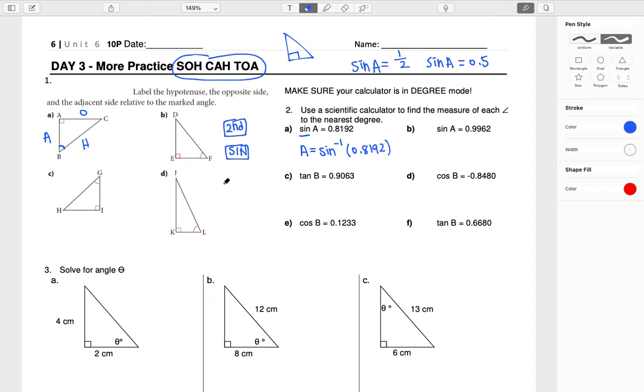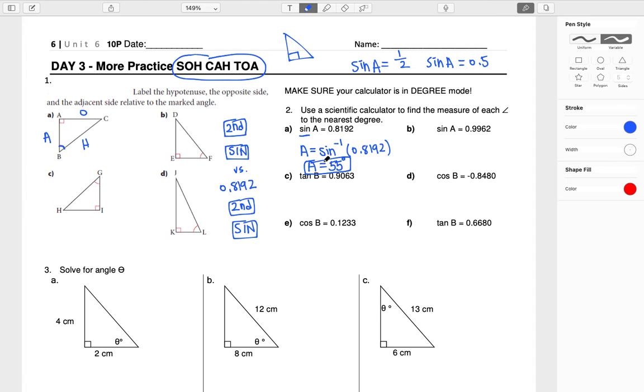So you will have to do 0.8192 and then press second function and then press sine and press enter. Okay, so it depends on the calculator. So once you are able to punch that in on your calculator, you should be getting 55 degrees. And for angles, always round to the whole number.